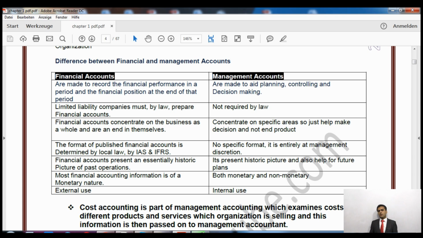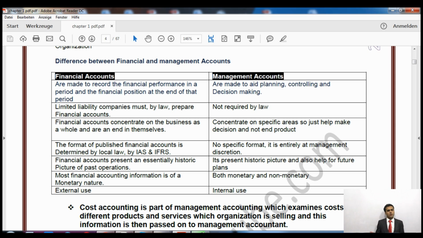The format, we can make whatever way we want. However, for financial accounts, we have to present it in a specific format to the shareholders or to other external parties. Now, as far as timing is concerned, the financial accounts are made annually so that shareholders can see annually how we are doing.